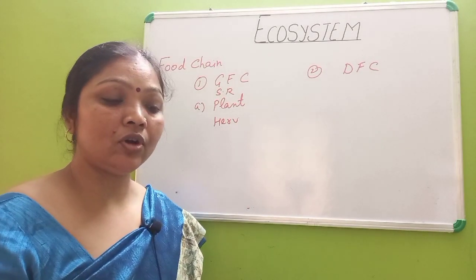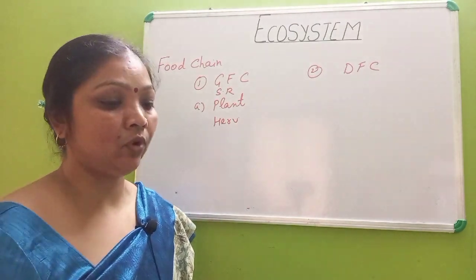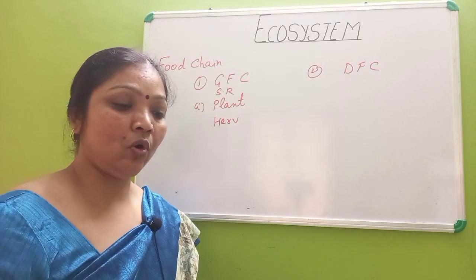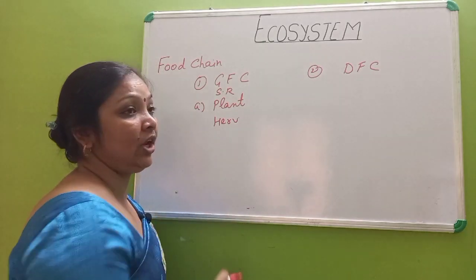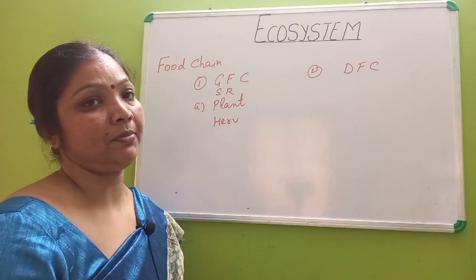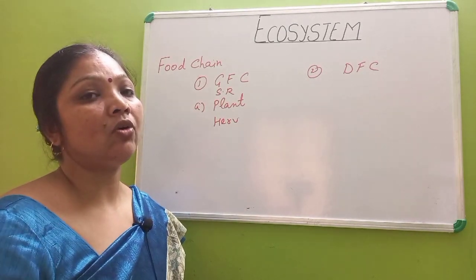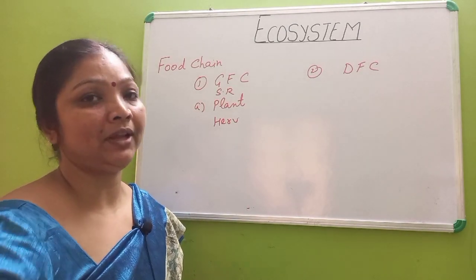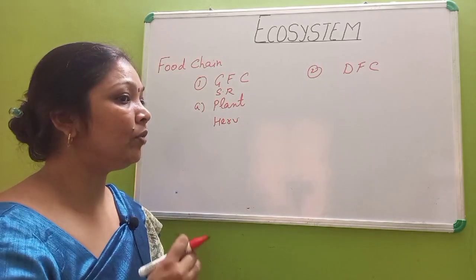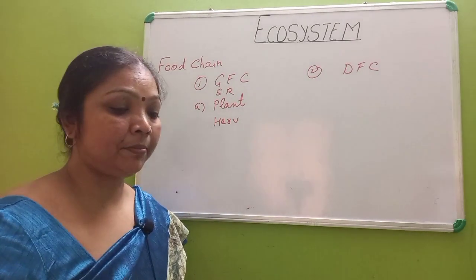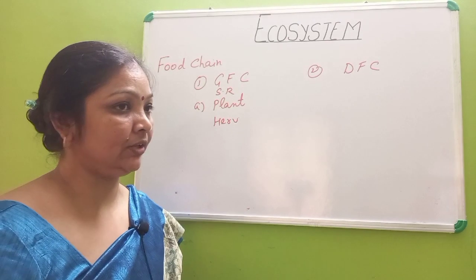Then herbivores are eaten by carnivores and so on. But in this food chain, omnivores are not represented because they occupy more than one trophic level. That's why omnivores are not represented in this food chain.